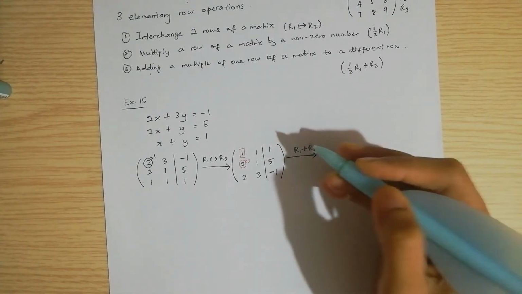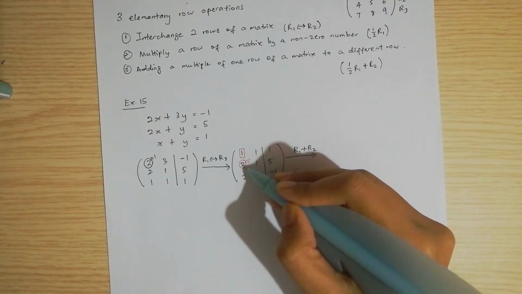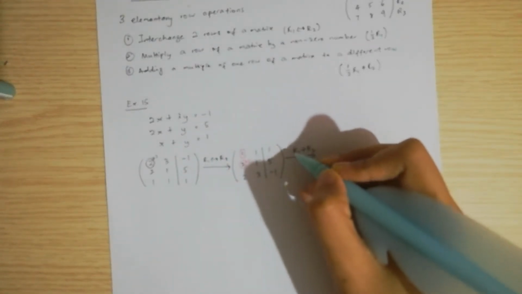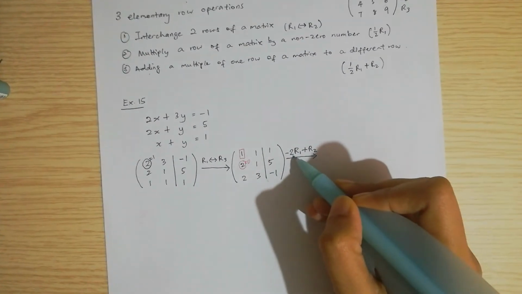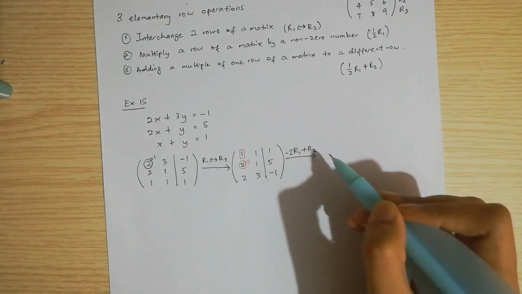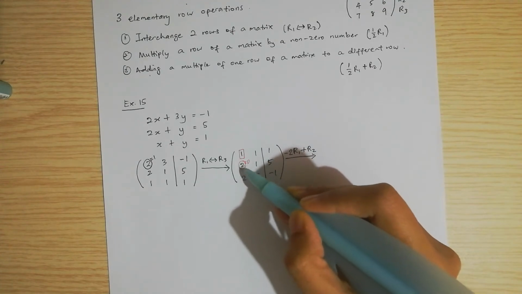So what you should do is multiply the first row by the negative of this number. It's 2 here, so you multiply by negative 2. Negative 2 times 1 is negative 2, plus row 2: negative 2 plus 2 will give you 0 here.